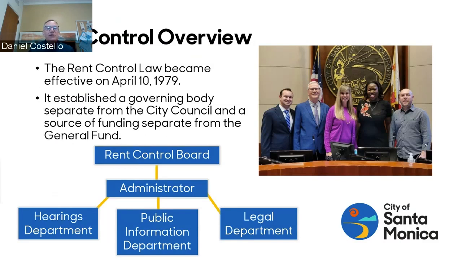Our agency is divided into 4 different divisions. We have an administration division, which largely handles internal tasks. We have the public information division, which is the one that I'm a part of, and Micah and Jenny are part of. And then we have a legal department. The legal department really services the rent control board itself.